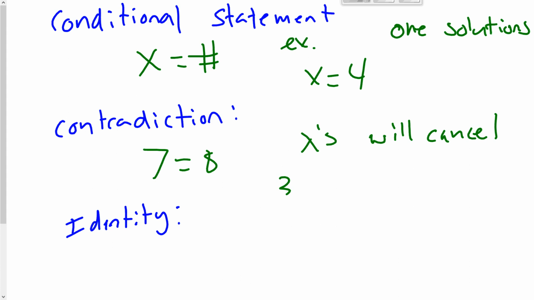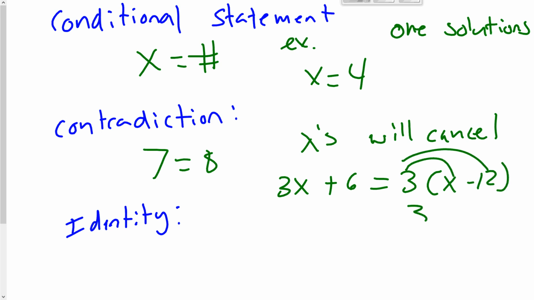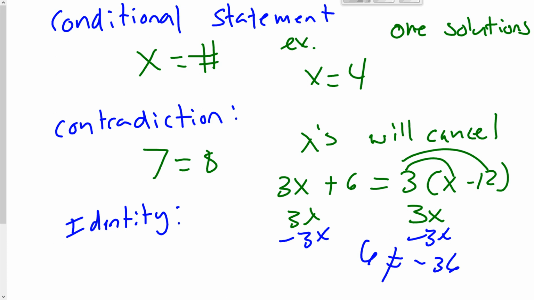Or you'll have like 3x plus 6 on one side, equals 3 times x minus 12 or something like that. So after you distribute the 3, you'll have 3x on this side and 3x on this side. And then when you subtract a 3x, you have no more x's. They cancel out. They go to 0. So at the end you would get 6 equals -36. And that's a contradiction, right? That's not true. So there we would have no solution.